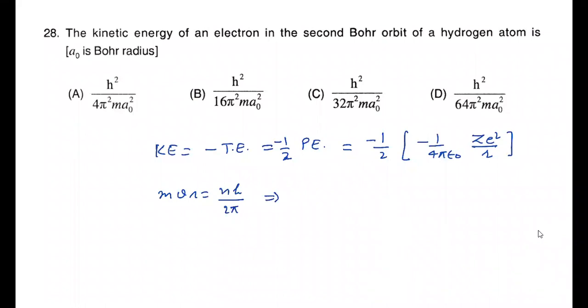So from here velocity will be nh upon 2 pi mr. And the formula of radius is a naught into n square by Z. It simply means r is equal to a naught into n square for the hydrogen atom.